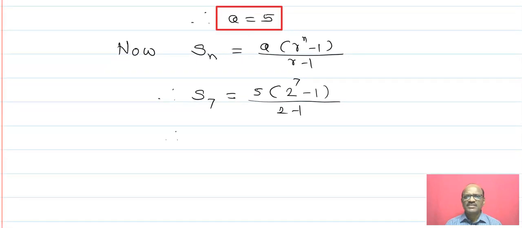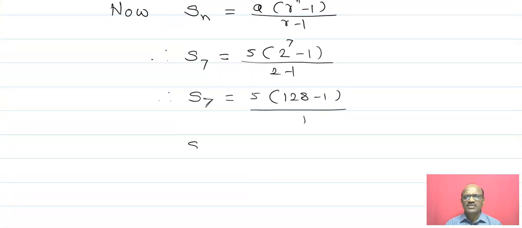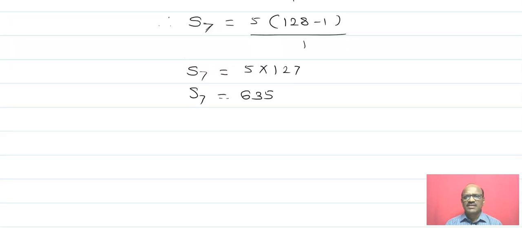Now simplify this. S7 is equal to 5, 2 raised to 7 means what? 128 minus 1 upon 2 minus 1, which is 1. Therefore 5 into 127, and that multiplication is 635. Therefore S7 is equal to 635.